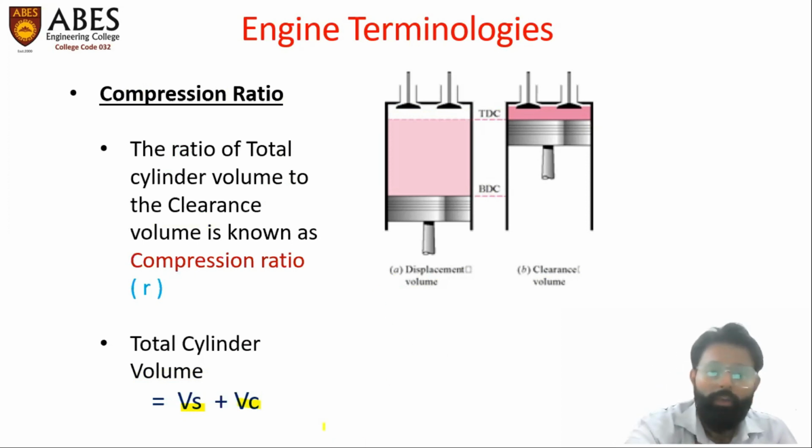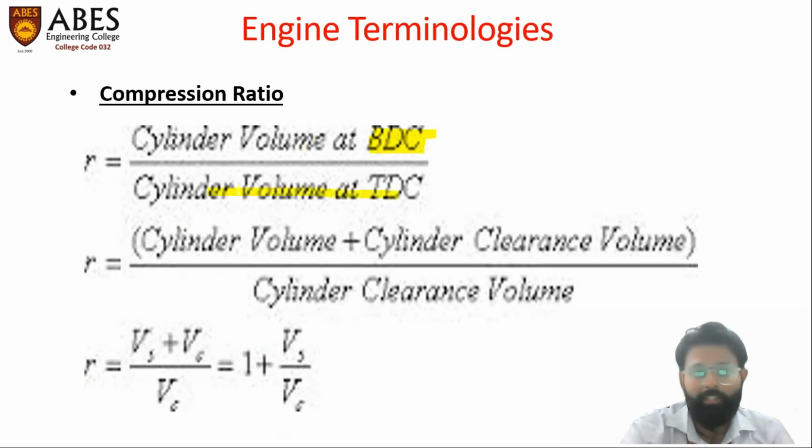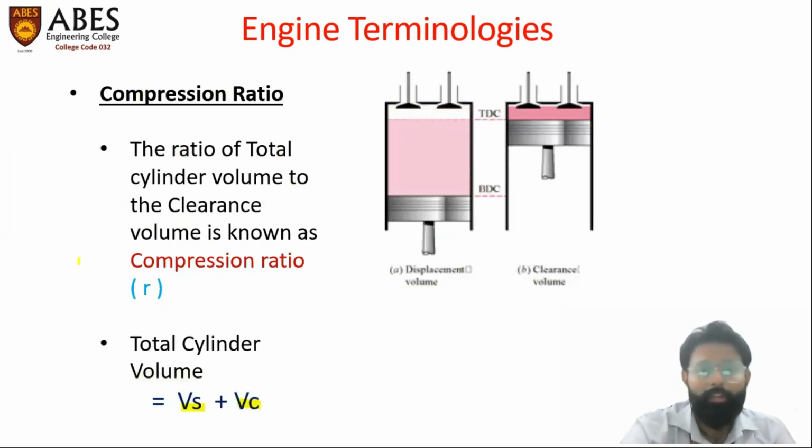So what is the volume before compression? The volume at BDC. The cylinder volume at BDC divided by the cylinder volume at TDC. This is the ratio R, which is known as the compression ratio. So here R is for compression ratio.